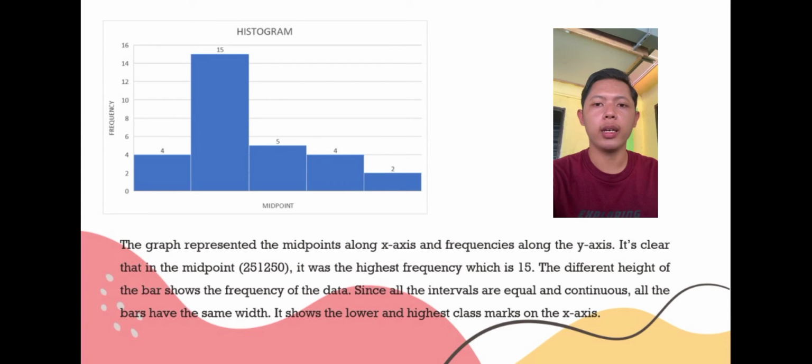So the different heights of the bars show the frequency of the data. Since all the intervals are equal and continuous, all the bars have the same width. It shows the lowest and highest class marks on the x-axis.